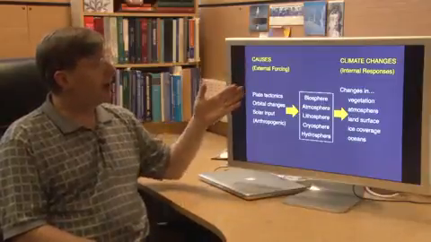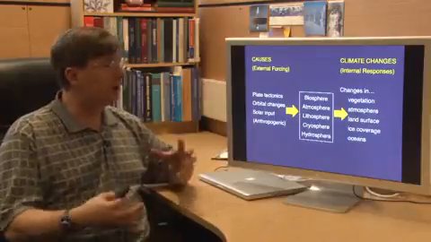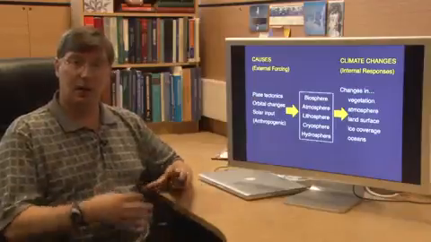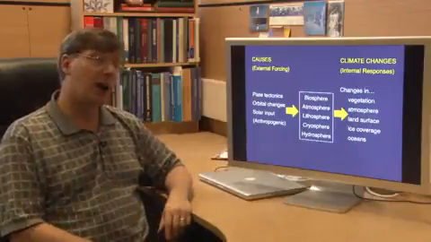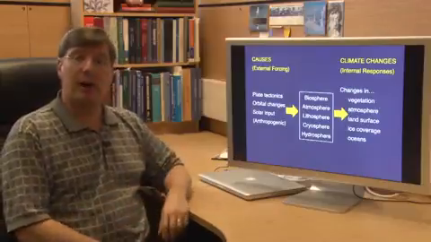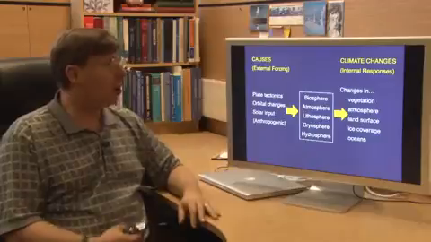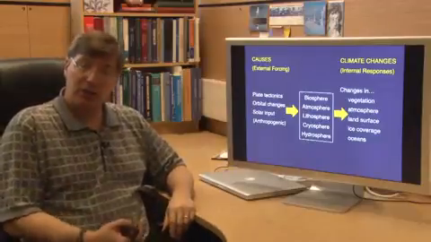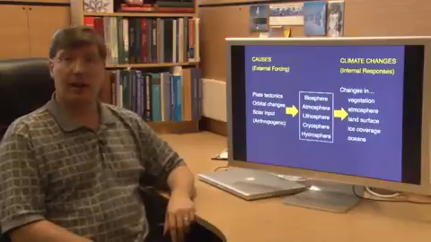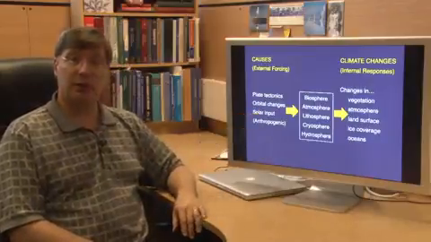When we look at causes, these are, as I mentioned, external forcings to the Earth's climate system. These are plate tectonics, motions of the continents on the surface of the Earth being driven by processes deep within the Earth. We have orbital changes, changes to the orbit of the Earth around the Sun. We have changes in solar input.